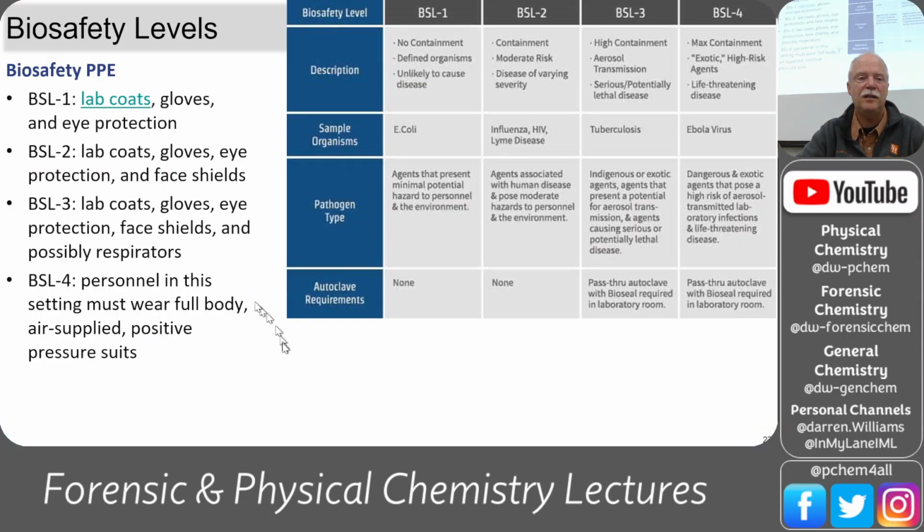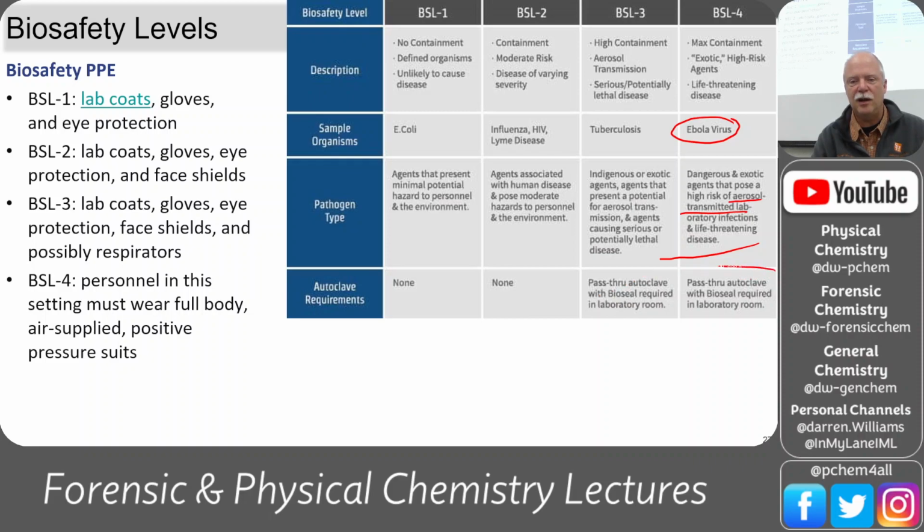So we do our best to prevent by using these biosafety level setups. And so this is biosafety level 4, where you're dealing with things like Ebola and some of these modified coronaviruses and so on. These were dangerous and exotic agents that pose a high risk of aerosol transmitted laboratory infections and life-threatening diseases. And so what do we do for biosafety level 4?